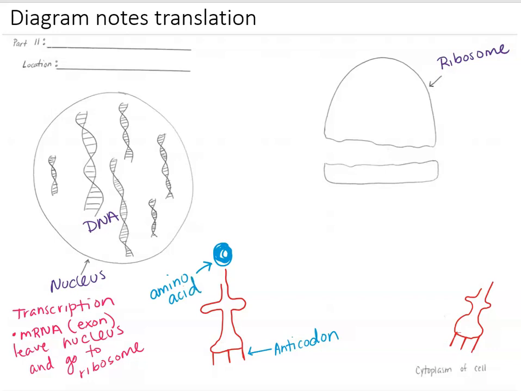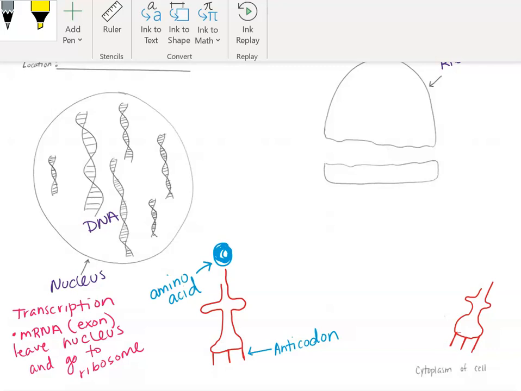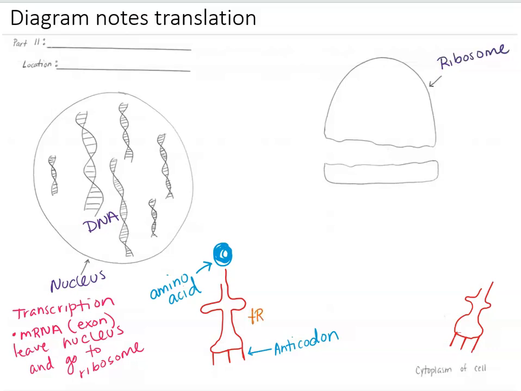The function of our tRNA is to carry the amino acid from the cytoplasm to the ribosome. And again, we're in the cytoplasm of the cell. So they're going to transfer the amino acids to the ribosome according to mRNA directions.